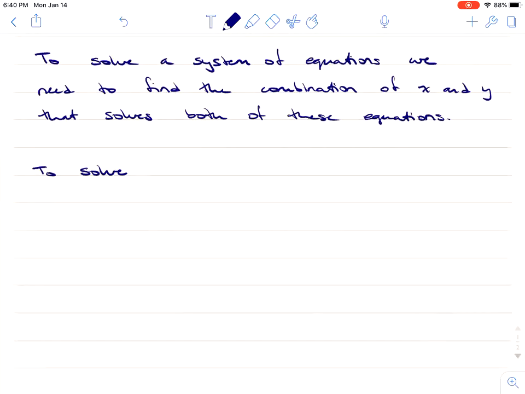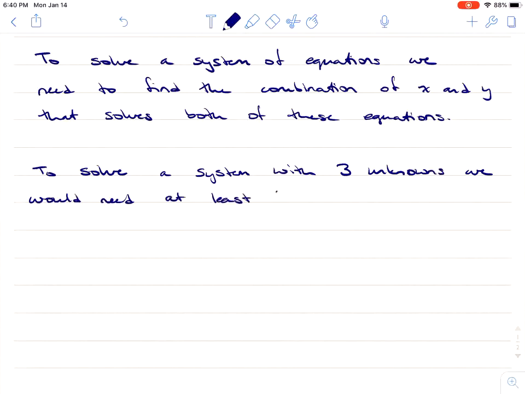To solve a system with three unknowns, we would need at least three independent equations. We'll talk more about independence later.